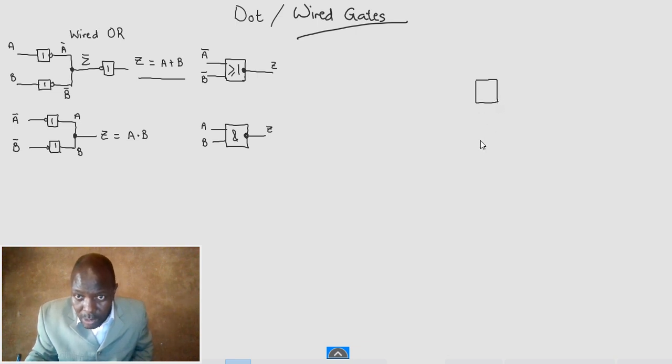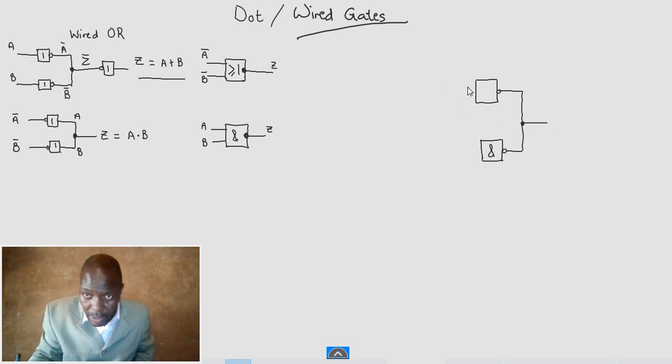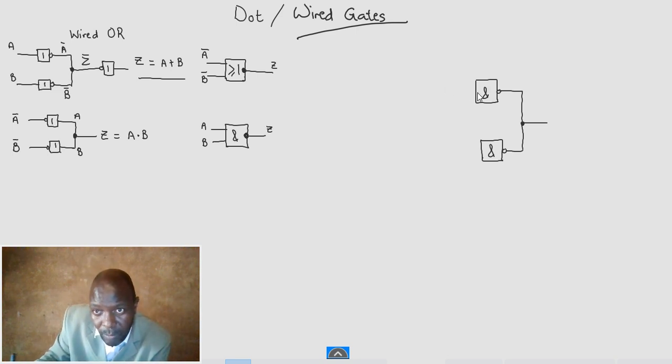I will use two inputs, so I'll use NAND gates instead. Okay, I'll explain now.